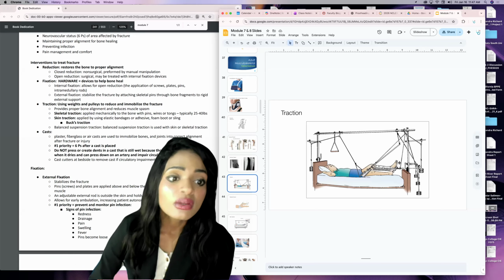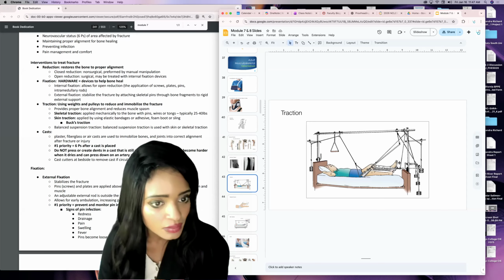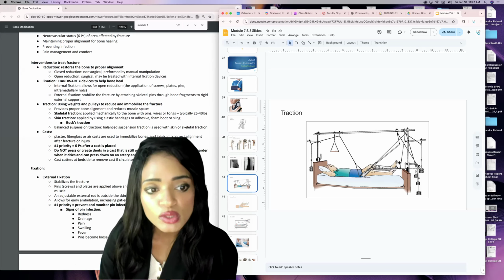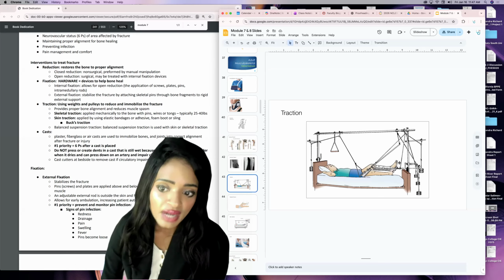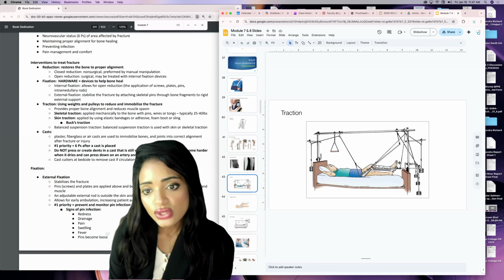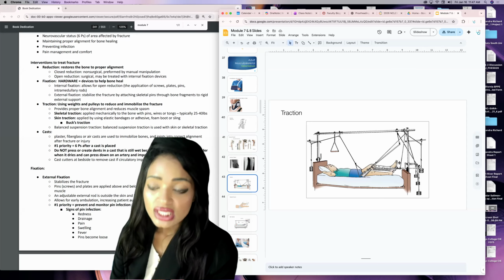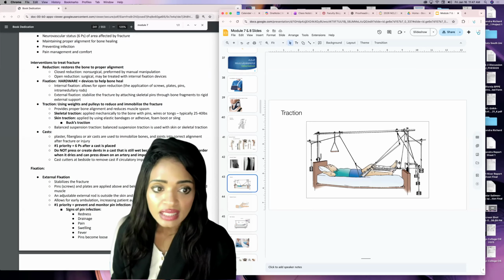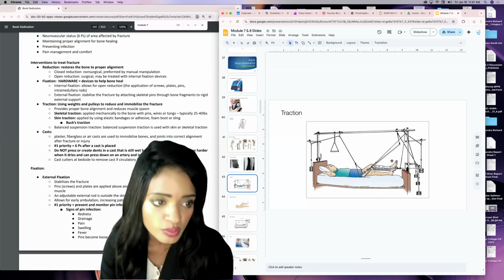And that is very painful. Muscle spasms are probably one of the most painful parts of having a fracture. So something like traction is going to keep the bones in alignment and reduce that muscle spasm.